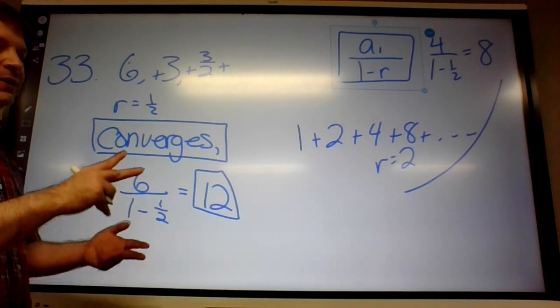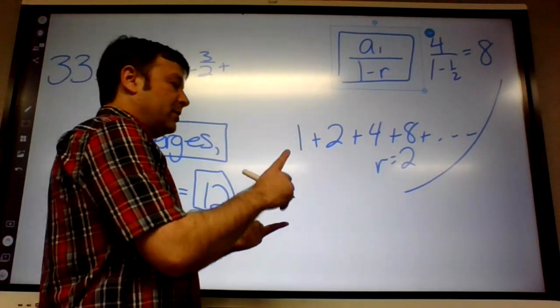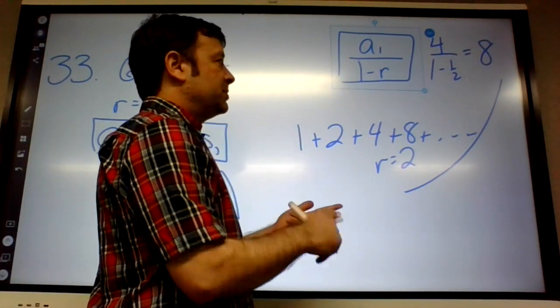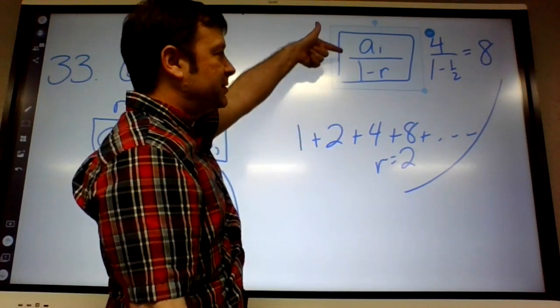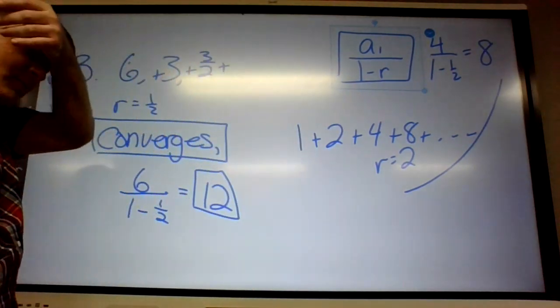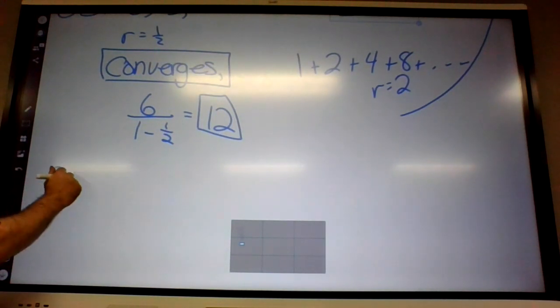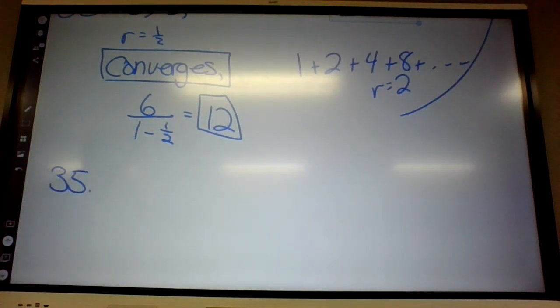Okay, so that gives us 3 formulas altogether: arithmetic series formula, geometric series, and an infinite geometric series. Those will be provided, but you got to know when to use them. That's the tricky part, I guess.